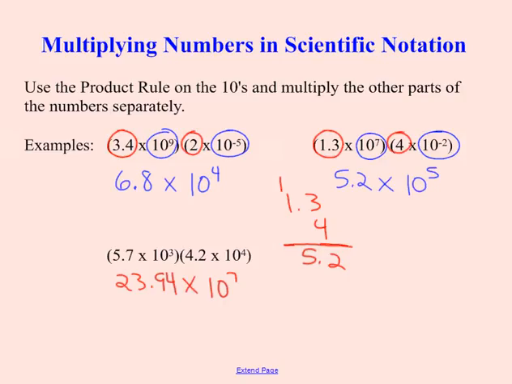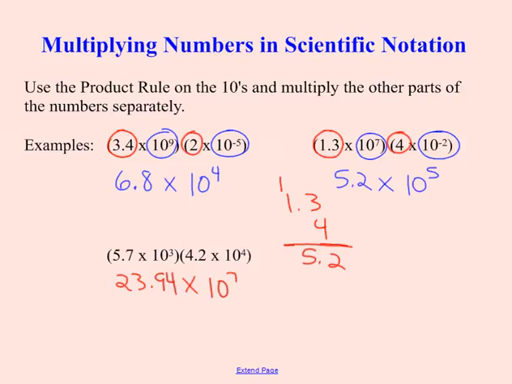All right, now in this example, you will notice that this number is not between 1 and 10. So we have to change our scientific notation a little bit here. We need to move the decimal point that you see right here so that we have a number between 1 and 10.